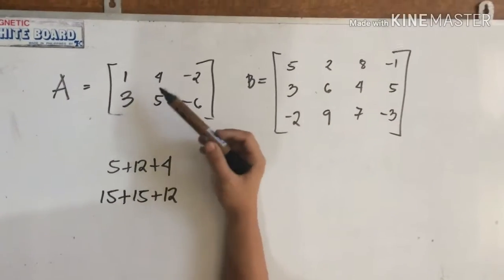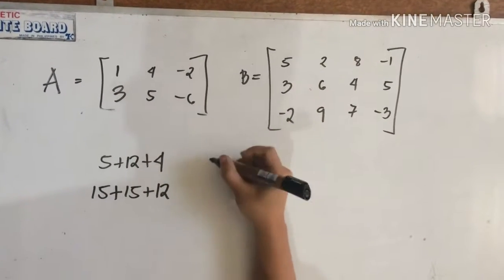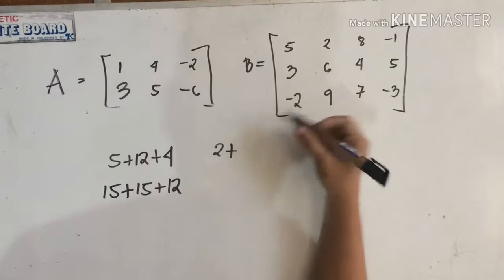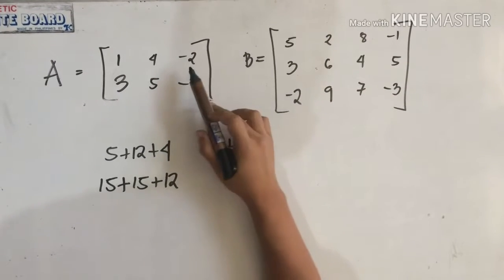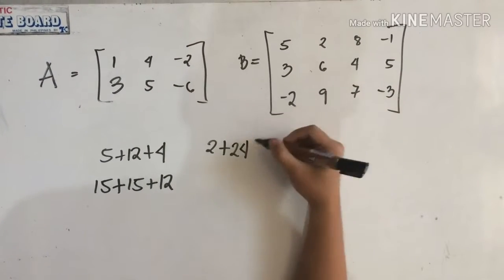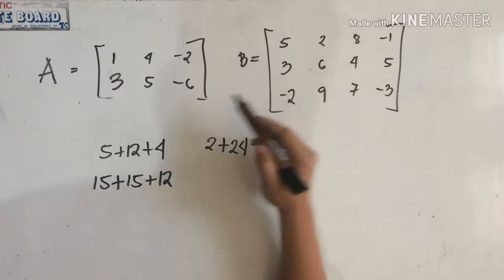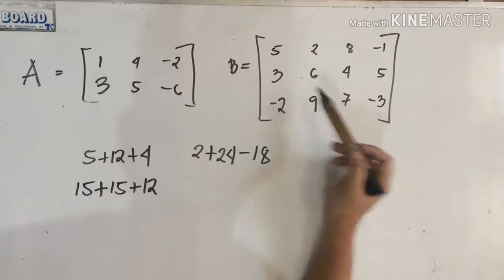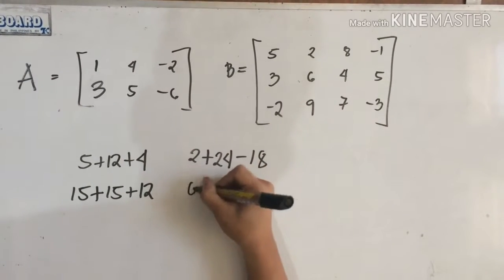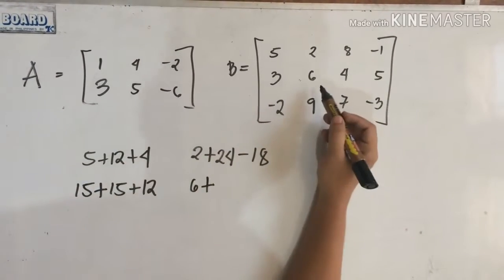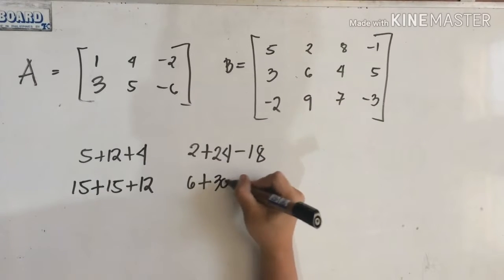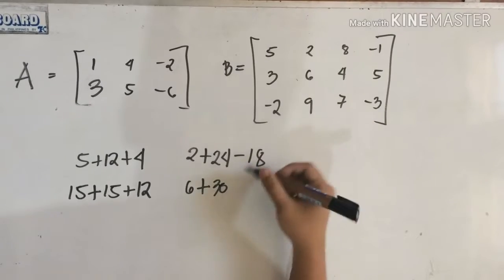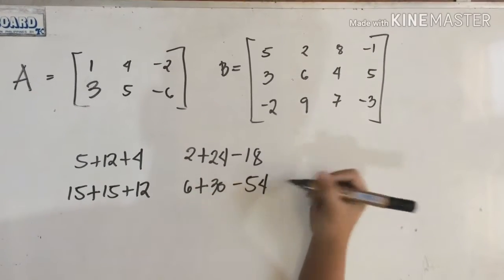So we have 1 times 2, which is 2, plus 4 times 6, which is 24, and negative 2 times 9, which is negative 18. So second row, second column again, we have 3 times 2, which is 6, plus 5 times 6, which is 30, and negative 6 times 9, which is negative 54.